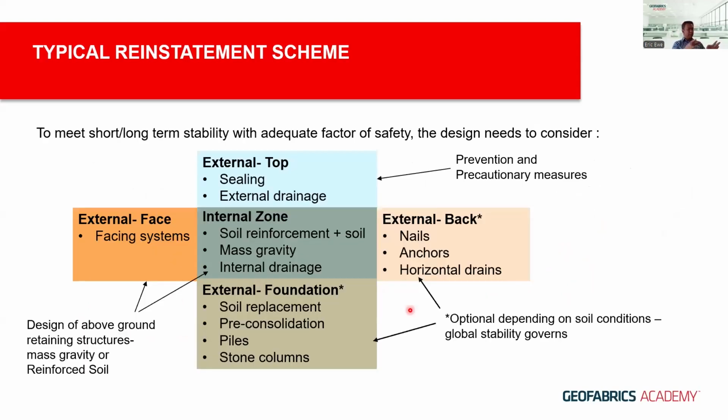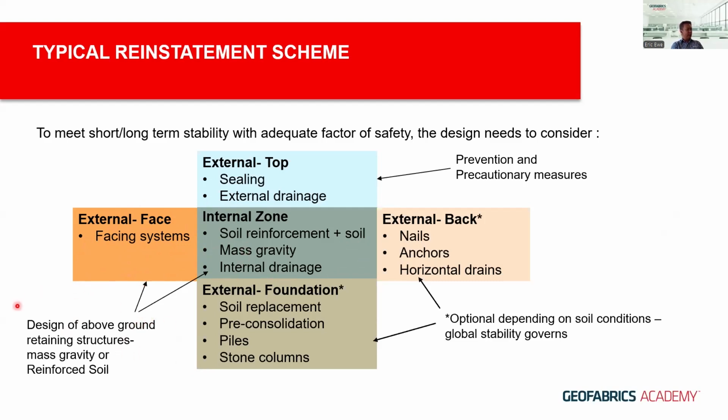Now I put out these boxes here in terms of the things to remember, things to consider to meet the short and long-term stability with an adequate factor of safety. It needs to consider the internal zone and external face. This is the facing system of the reinforced soil, or in the case of mass gravity, no facing system.